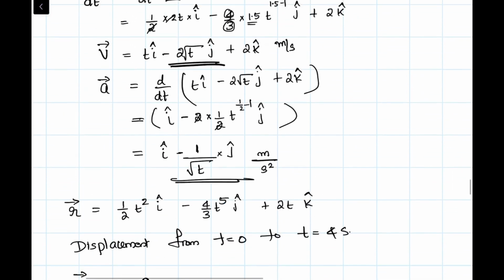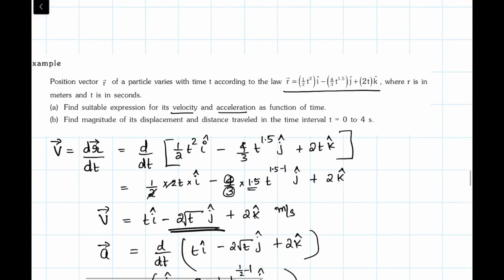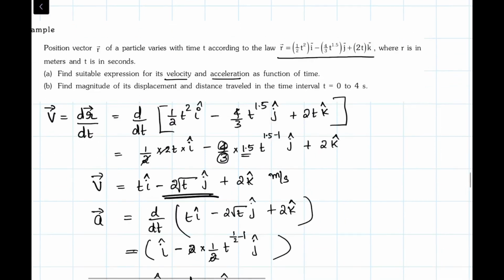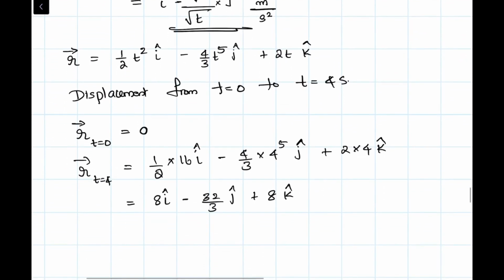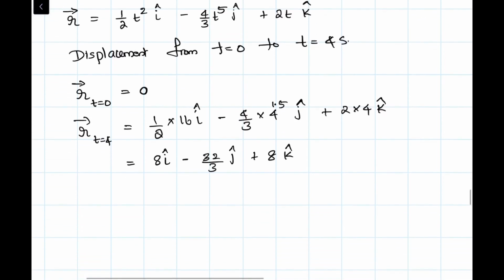Hold on a second: in this question it's 4 by 3 t power 1.5, and 4 power 1.5 is 8, so only then will you get 32 by 3. Now that is the vector term. The difference between this and the initial position is the displacement. Once you subtract the position vector at t equal to 0 from the position vector at t equal to 4, you get the same answer, but then you have to calculate its magnitude.